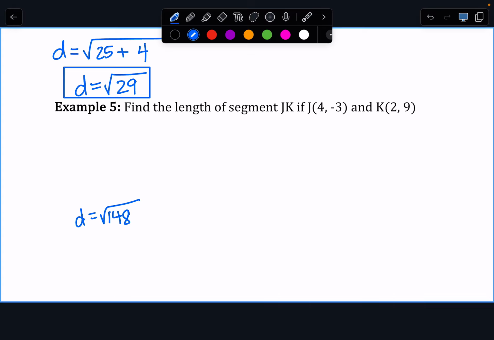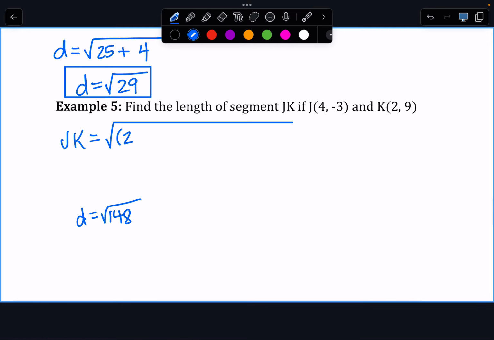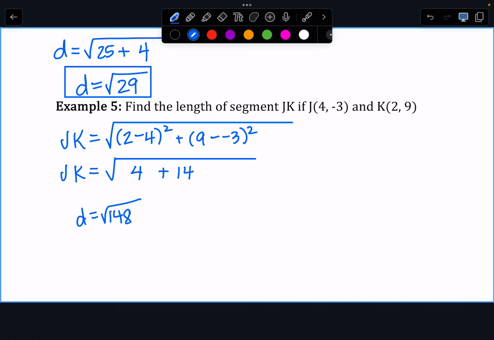Are you getting the square root of 148? Okay. Because you should have 2 minus 4 or 4 minus 2 squared, 9 minus negative 3 or negative 3 minus 9 squared. Regardless of how you set it up, no matter what, you get 4 plus 144 underneath the radical.